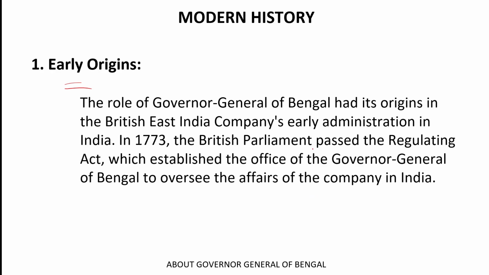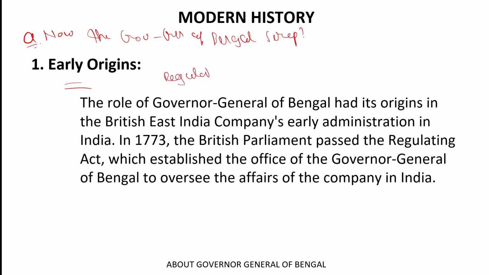So if I ask you how the Governor General of Bengal was set up, your answer should be the Regulating Act of 1773.